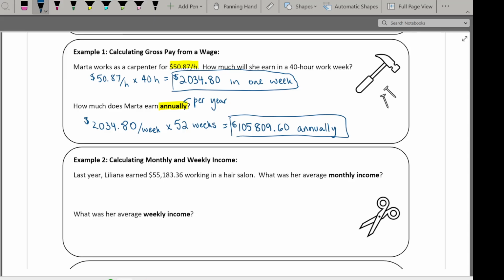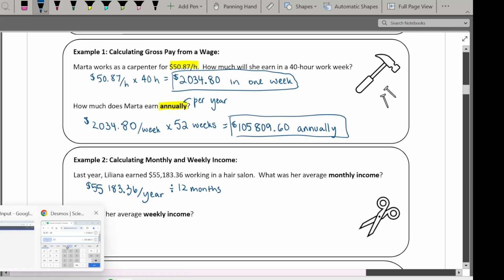So Liliana earned $55,183.36 working in a hair salon. So her monthly income. This amount here, the $55,183.36, that was per year. So if we want to figure out the monthly, we want to divide that by 12 months to split it up into 12 chunks to figure out how much she earns in each month.